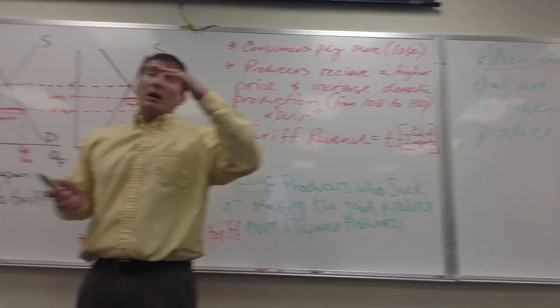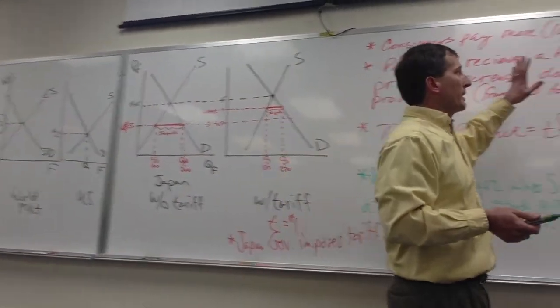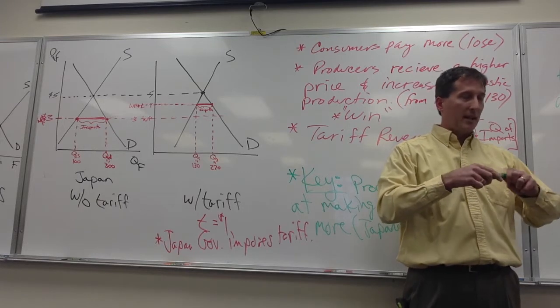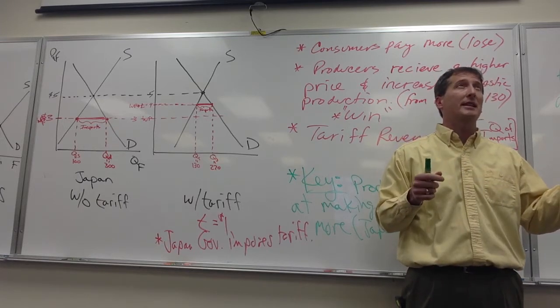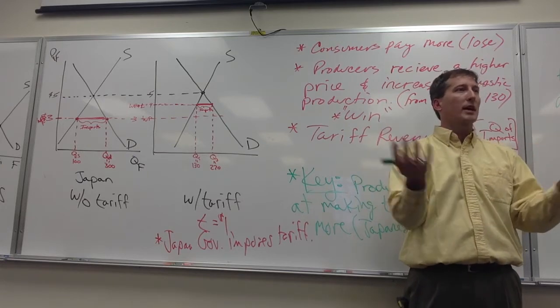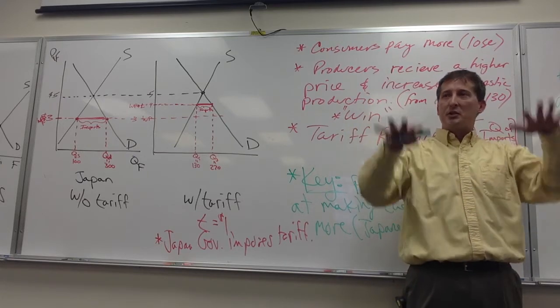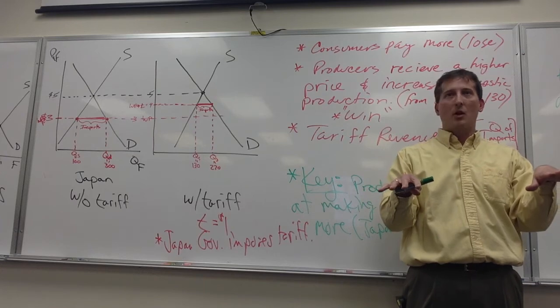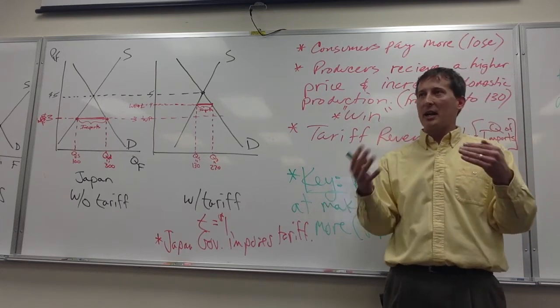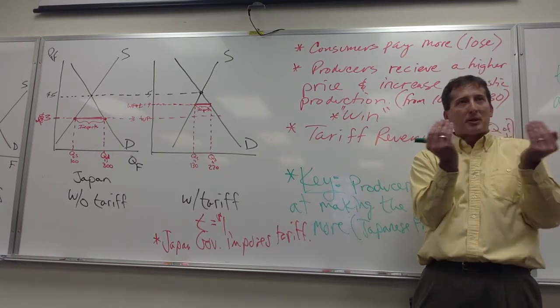Okay, so this is one of the reasons that in the last, especially 70 years, countries have started to organize themselves to reduce tariffs. So this type of logic went on for a large period of time on international trade, because they're like, oh, well, we got to protect ourselves.